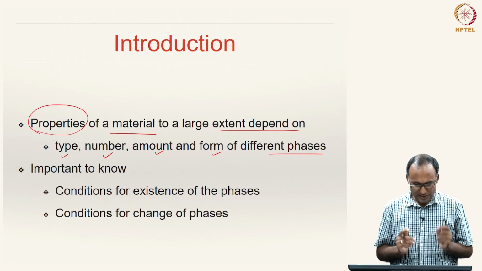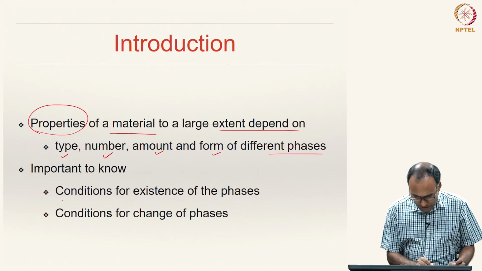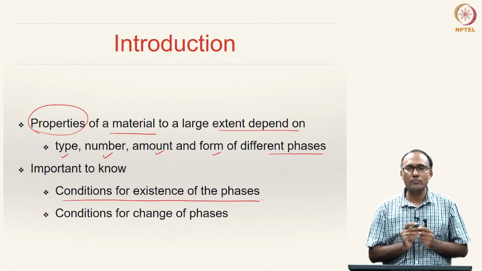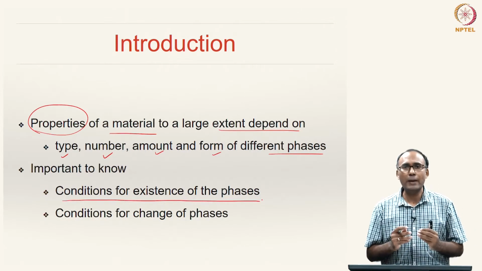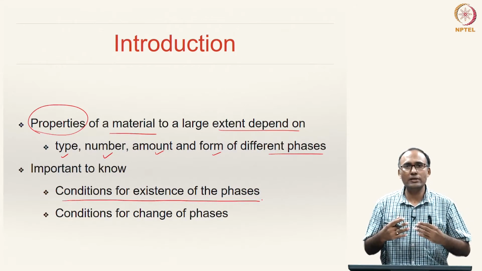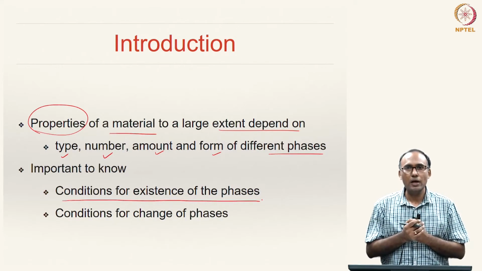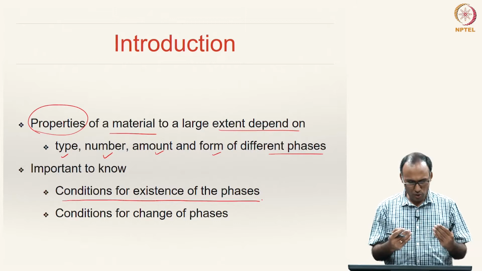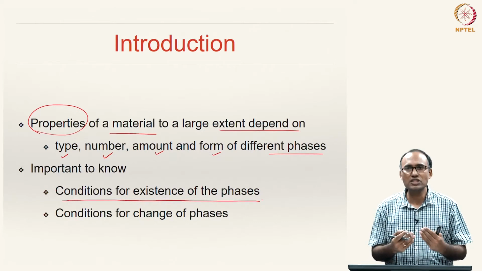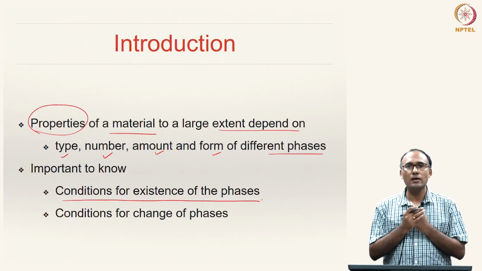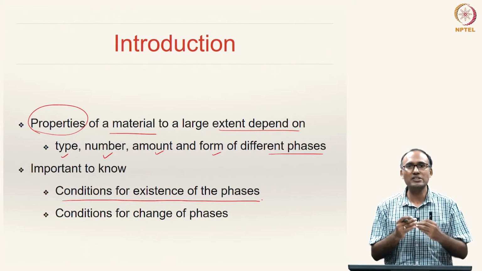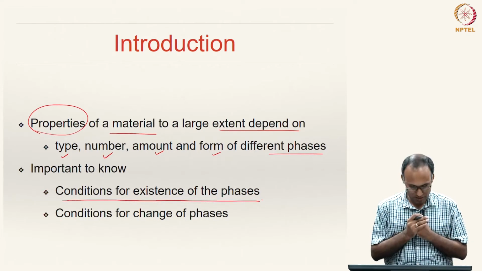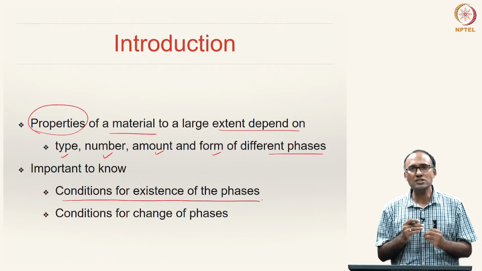Okay? All these determine the properties of the material. And it is important to know the conditions for existence of these phases. So, suppose a particular phase is going to give you a desirable property, as an engineer we should know what are the conditions under which such phases become a reality, that means they become viable or they exist, and what are the conditions for change of phases.